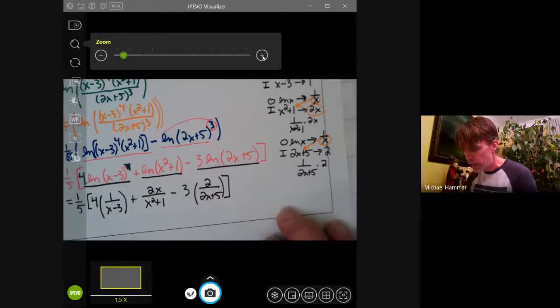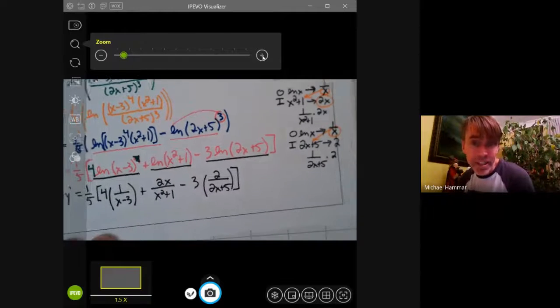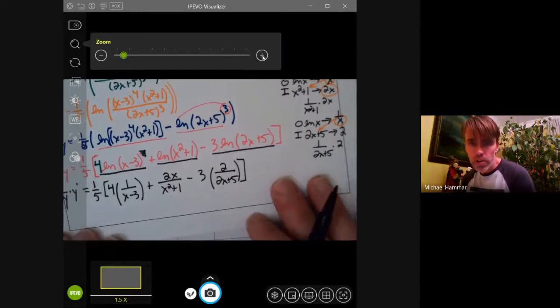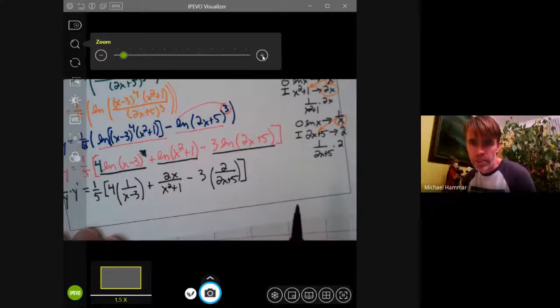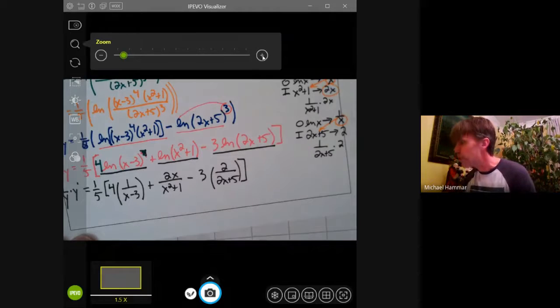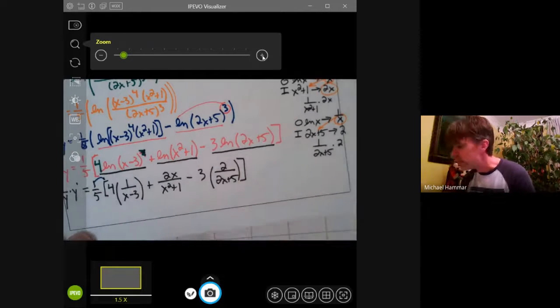Okay? Now, I can't ask you any questions, but this is kind of where we're at. So now what we're going to do is let's kind of get rid of that 1/5, and so we have just one sort of expression. So we're going to actually just distribute the 1/5 to each one of these pieces.